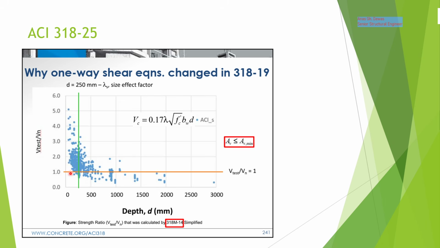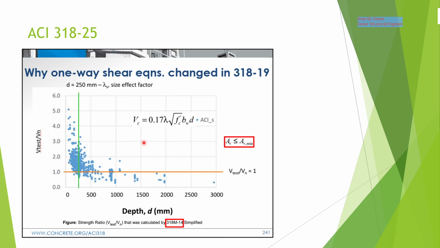If you look here, any point below this line means a non-conservative result. I will not say unsafe, I will say non-conservative. So all samples below this line, in fact, failed at a strength less than the expected strength as per this equation.